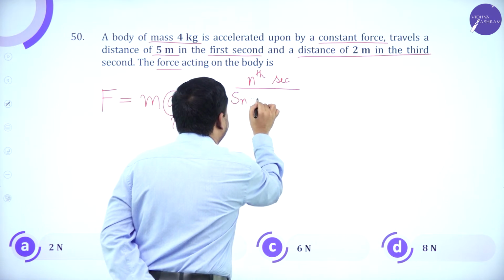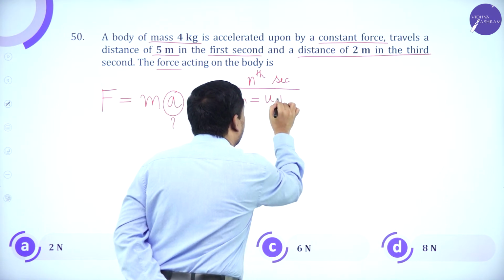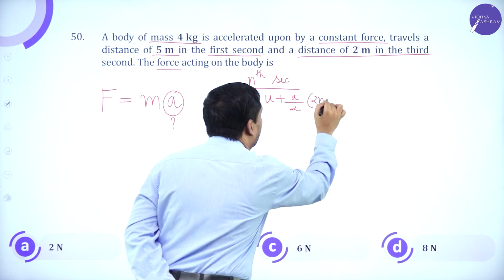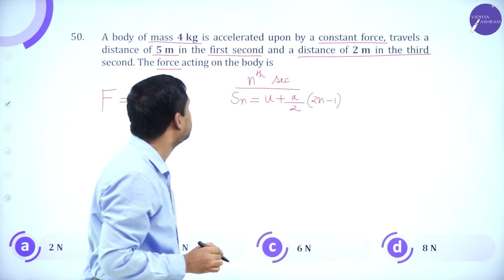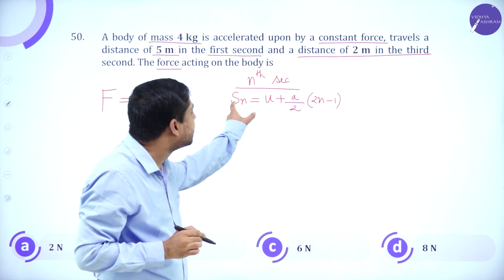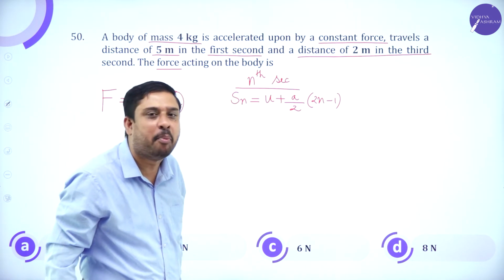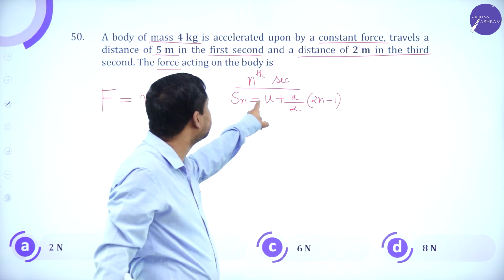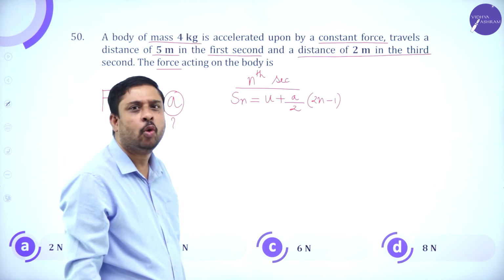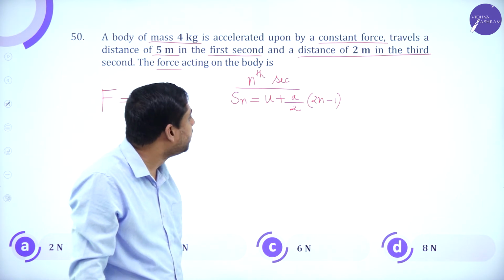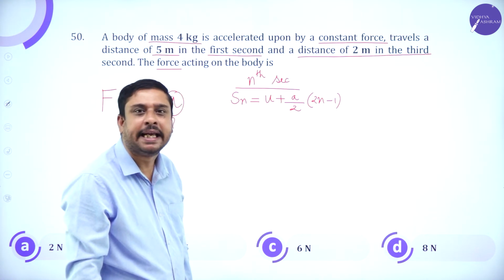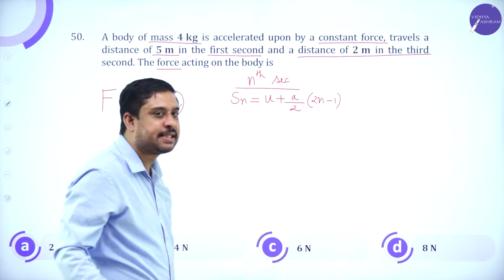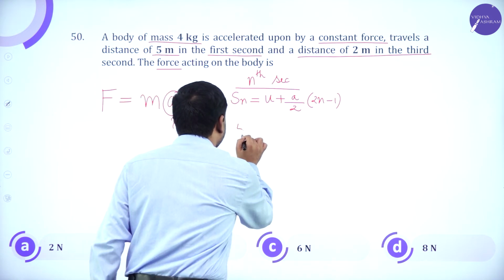Sn equals u plus a by 2 into 2n minus 1. Please note this, the distance traveled by a body in the nth second, Sn equals u plus a by 2 into 2n minus 1.